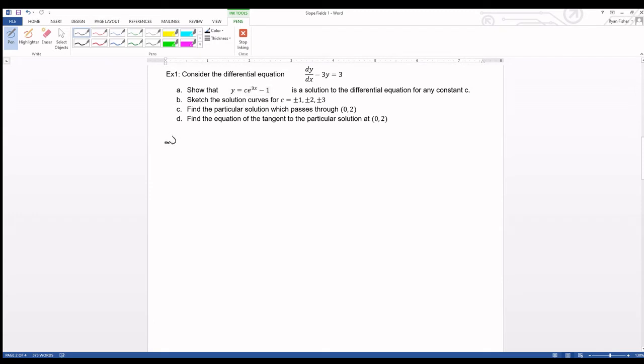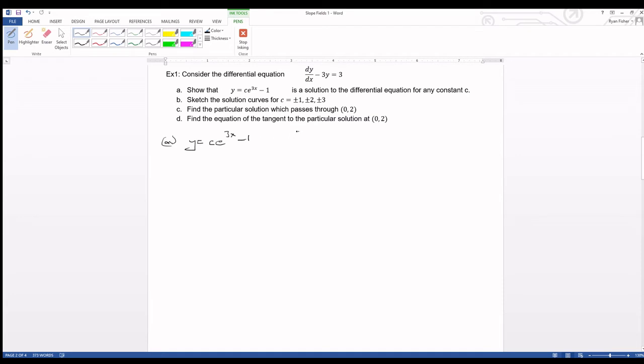So let's see if I get this to stick. If I know that y is in fact equal to c times e to the 3x, minus 1, that's better. Then I can find its derivative.